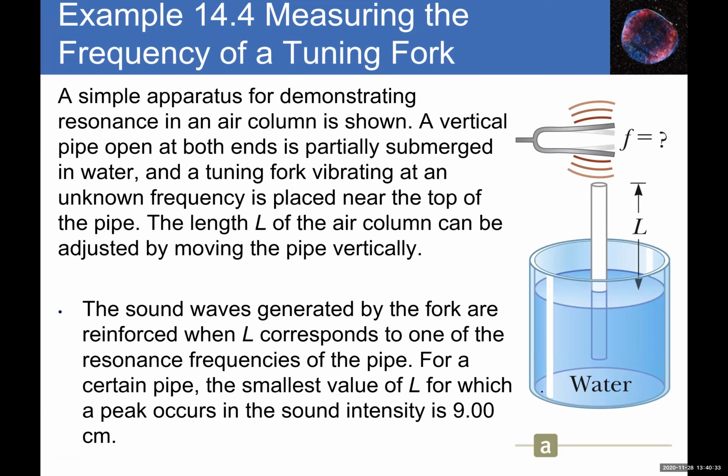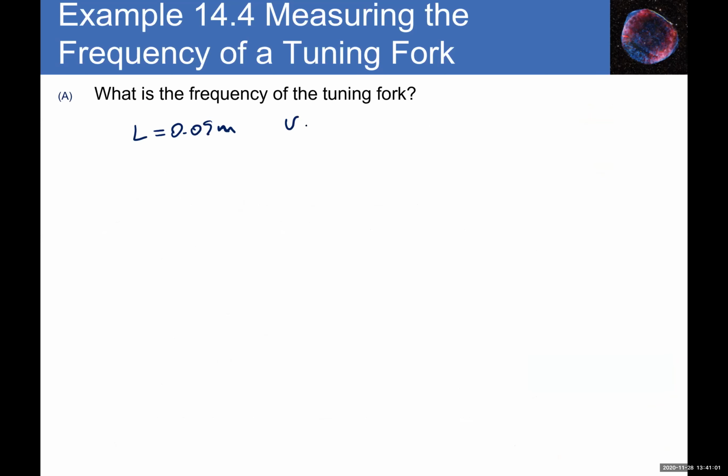So you take this fork and you hit it with the mallet, and it creates a sound wave, and then the sound travels and hits the water and bounces back. So there's air molecules moving like that. That means we know that the velocity is 343 meters per second. So we're given that.